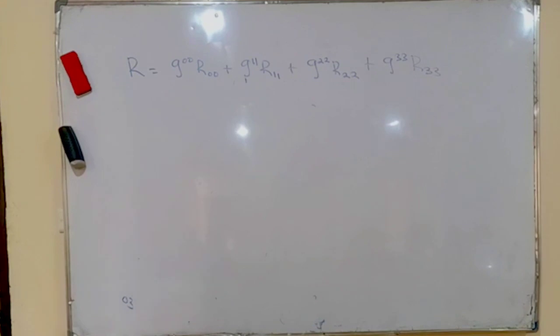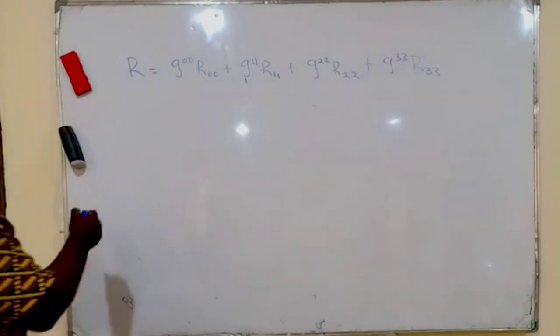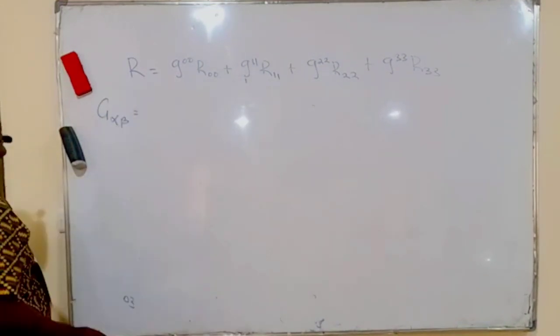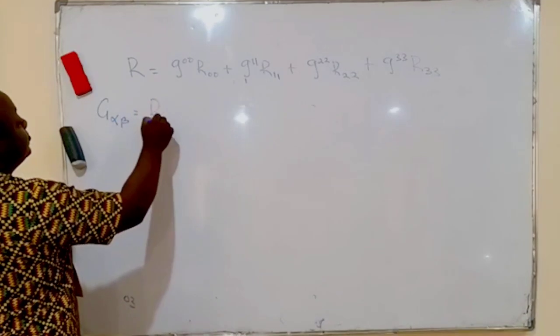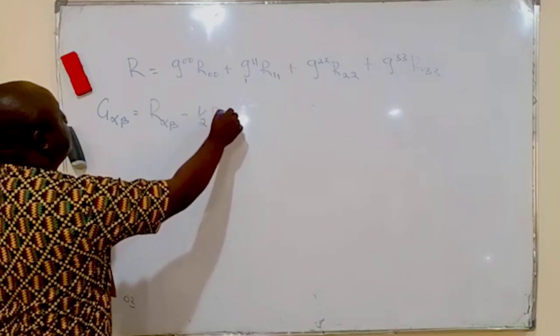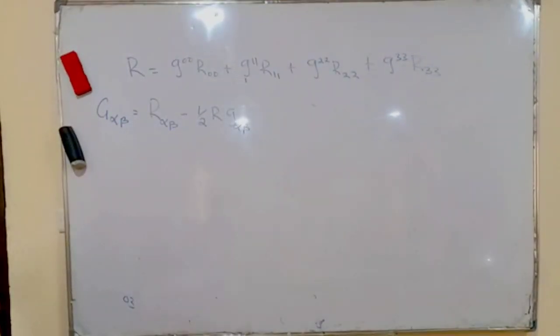Okay, it's a good one. So from there, we now have our Einstein tensor. We now have our Einstein tensor.